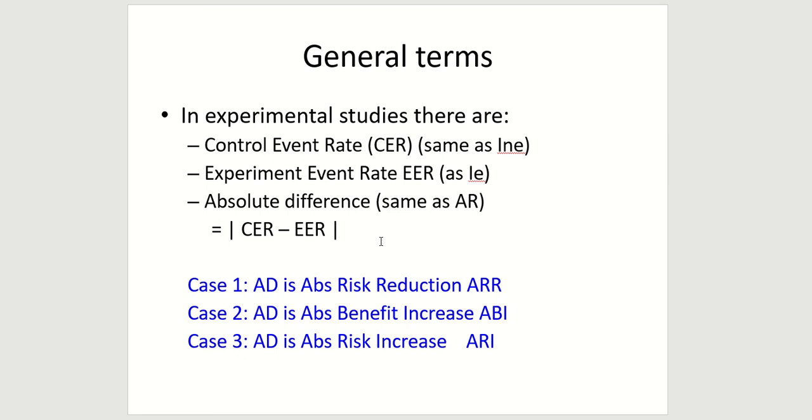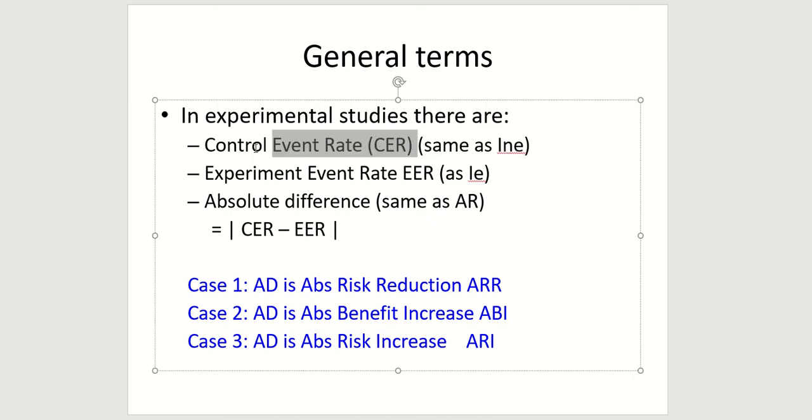Having that in mind, we're going to define new terms, although we already know these terms, but it's a new definition of them. So instead of talking about incidence in the not exposed, or what we've been calling risk in the not exposed, in the literature you'll hear them talking about control event rate, meaning the rate of the events in the control group.